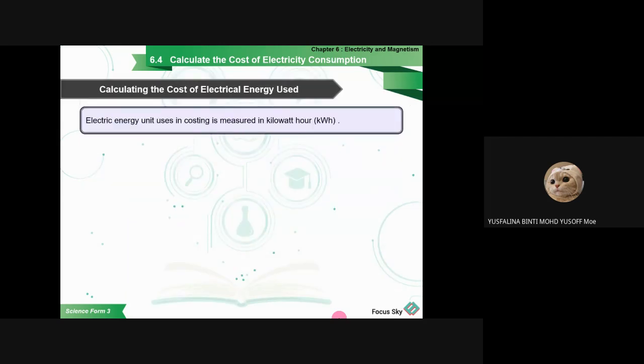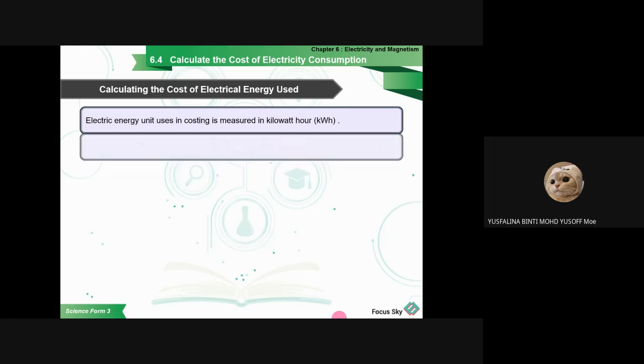Now we want to calculate the electrical energy used in costing, which is measured in kilowatt hour. I already told you just now that our electric meter uses kilowatt hour.